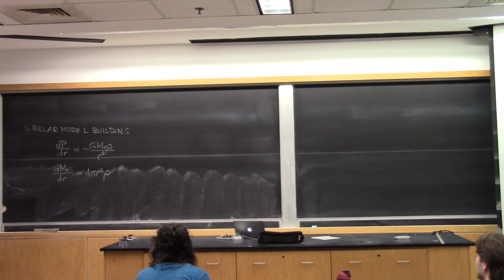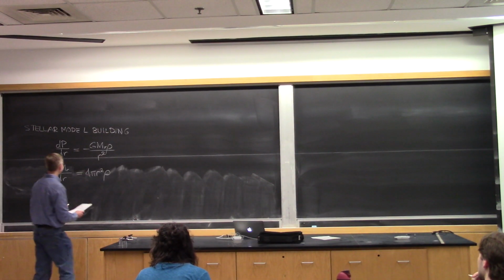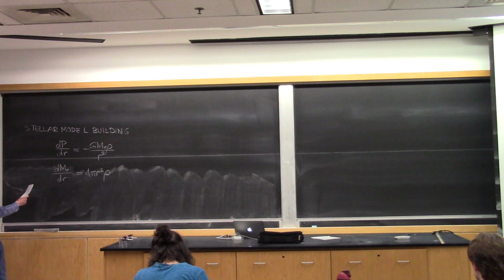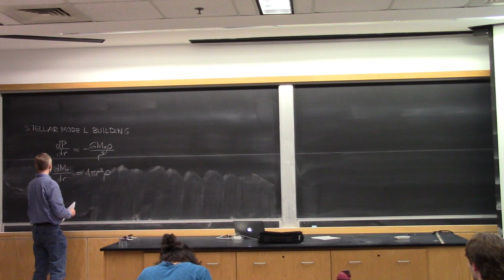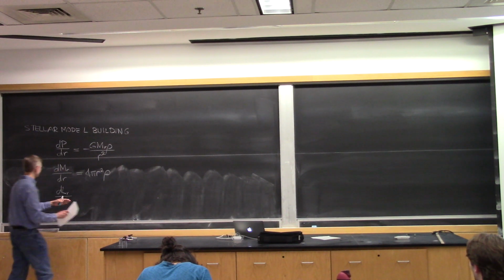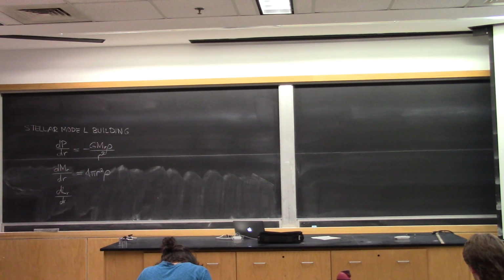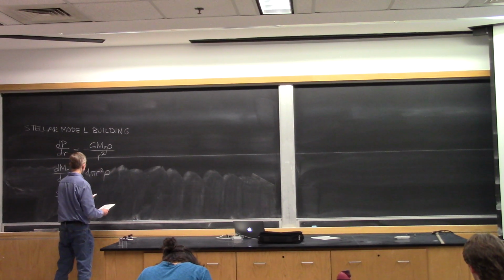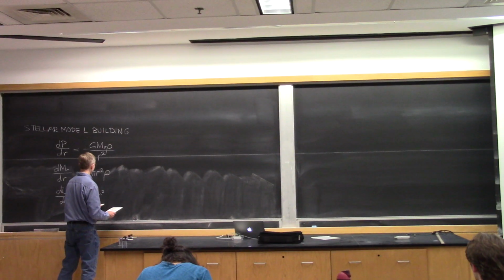Yes, I'm crazy, okay? All right, mass continuity, and then we've got dL_r/dr, luminosity generated interior to radius r, the derivative of that with respect to radius, that's 4 pi r squared rho.